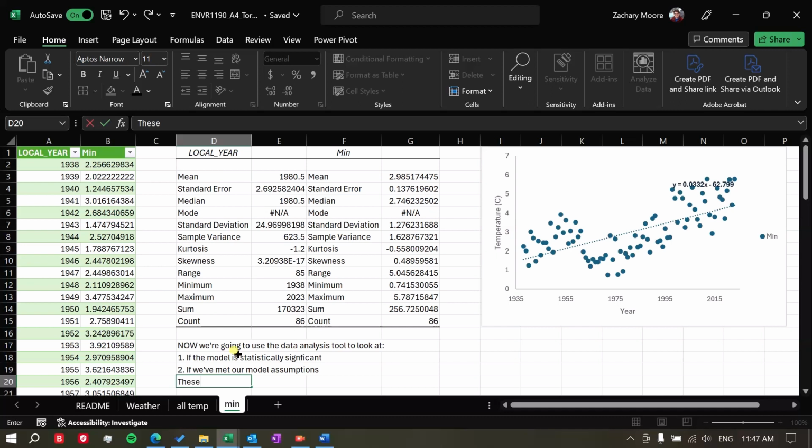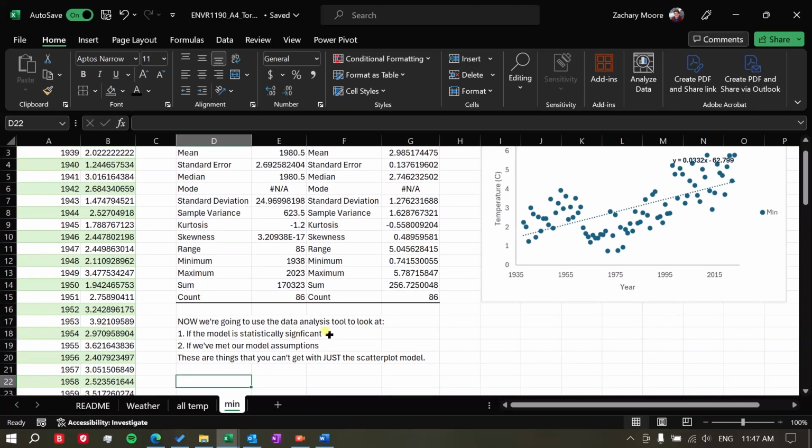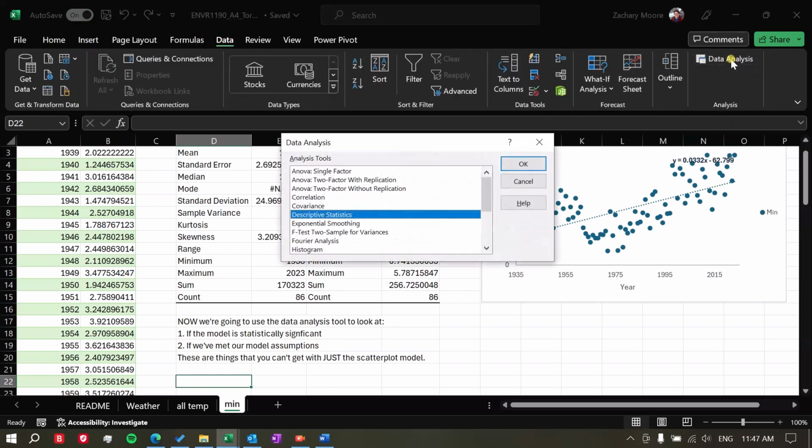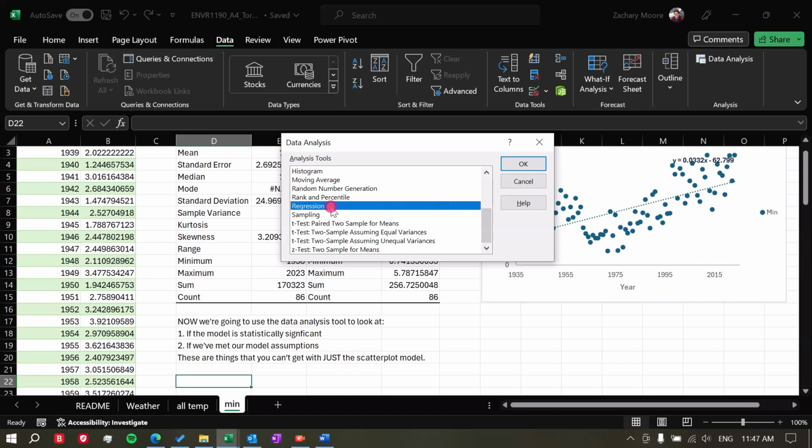And these are things that you can't get with just the scatter plot model. So let's go ahead and go back to our data analysis tab, and we'll go to regression.